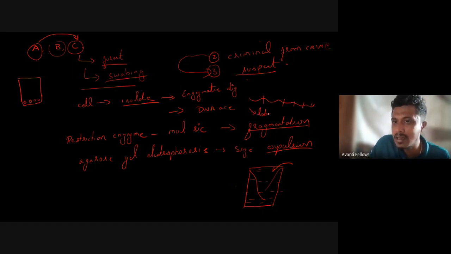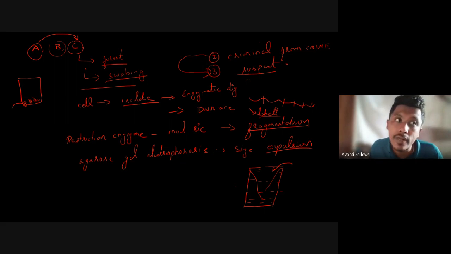I label them with fluorescent dyes, because I should be able to see them, or radioactive dyes. Mostly we use fluorescent dyes. We label our fragments with the dye, mix it, and then introduce our fragments into these wells and fill them up.